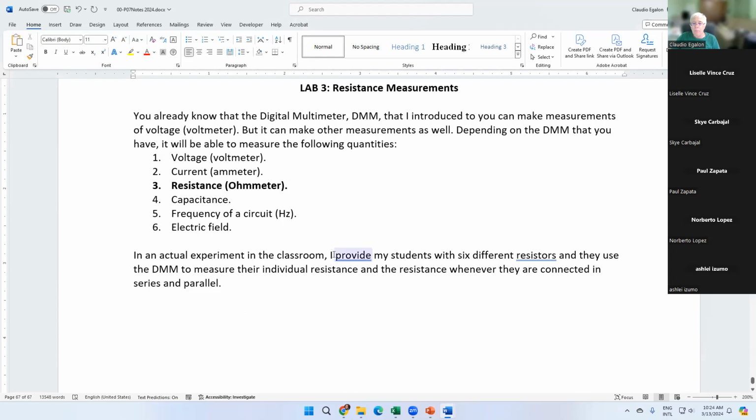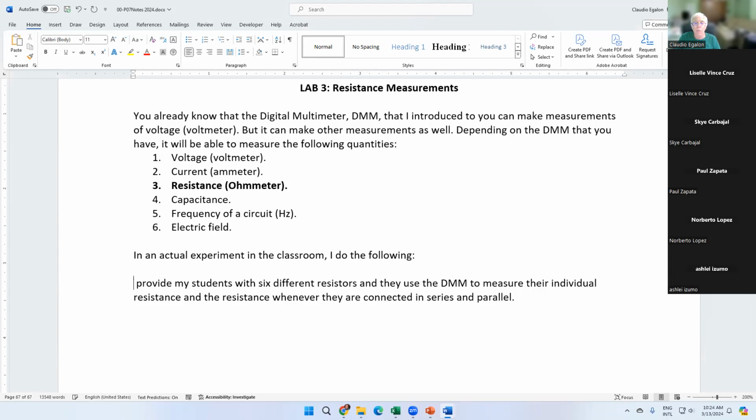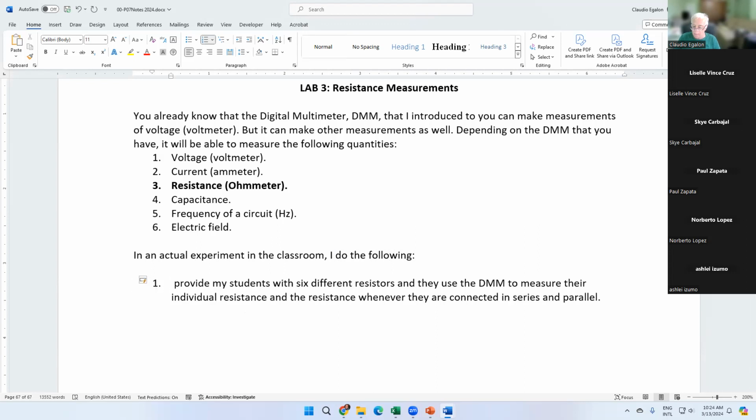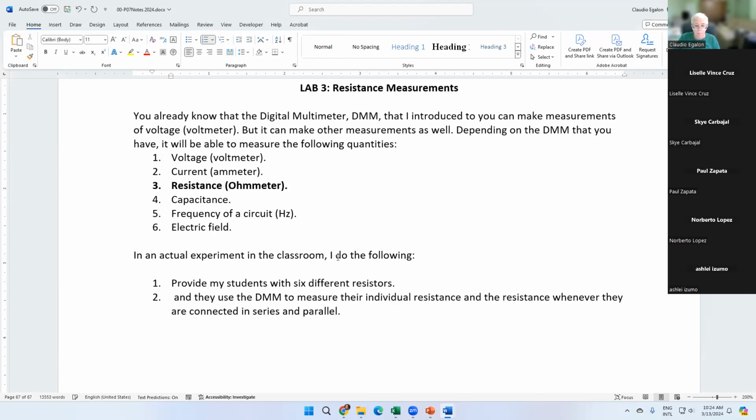I do the following. One, provide my students with 6 different resistors. Two, they use the DMM to measure the individual resistance of each resistor.